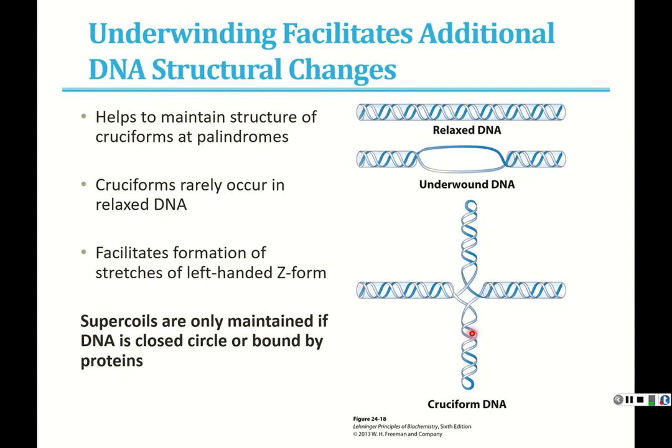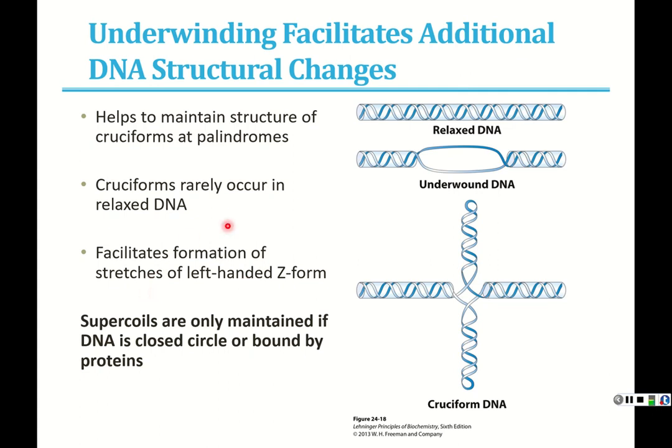Okay, underwinding, as we've seen, most DNA in eukaryotic cells is underwound. Okay, and it facilitates additional structural changes. Okay, so it helps maintain structure of cruciforms at palindrome sequences. So this would be a cruciform structure that's much easier to have when the DNA is underwound compared to when it's completely relaxed. Okay, so cruciforms don't really occur in relaxed DNA, but they do in underwound DNA.